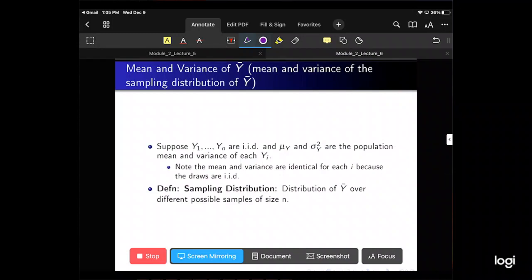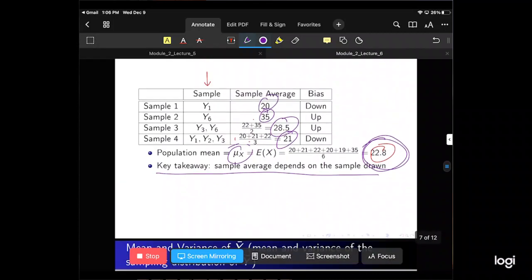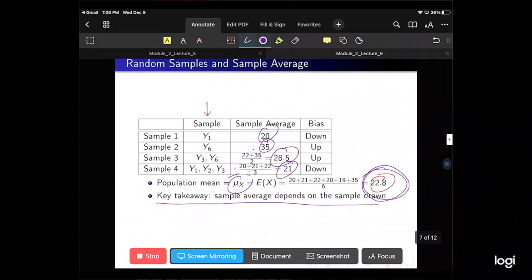Okay, suppose the Yi are IID and they have mean mu Y and sigma squared as their variance. Note the mean and the variance are identical for each i because the draws are IID. So here's what this slide is all about: the definition of the sampling distribution. It's the distribution of the Y bar over different possible sample sizes of n, and that's what we were doing in the previous slide.